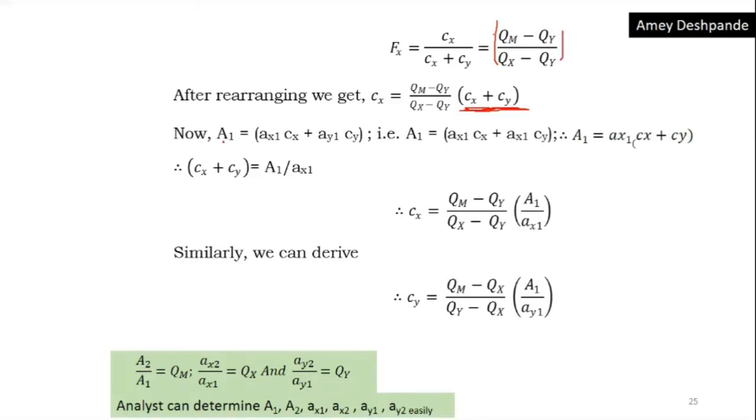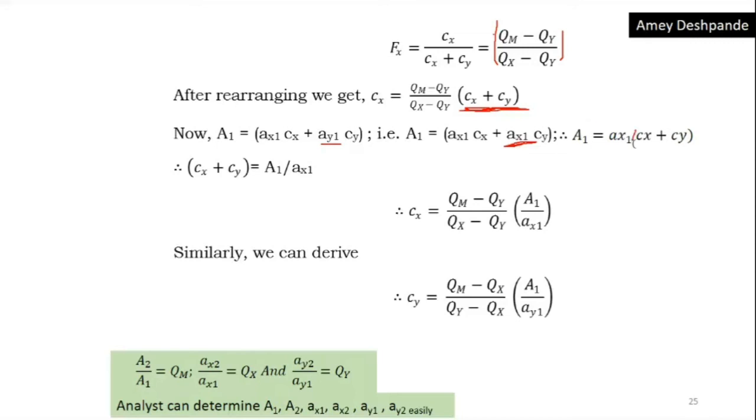Now, see, A1 is equal to Ax1 Cx plus Ay1 Cy. That is, A1 is equal to Ax1 Cx plus Ax1 Cy. See what we have done, we have replaced Ay1 with Ax1. So can I take Ax1 common?